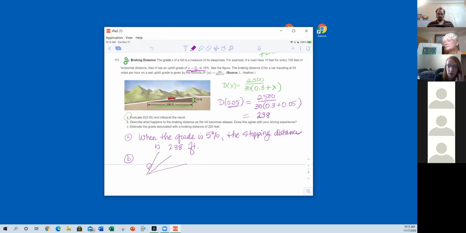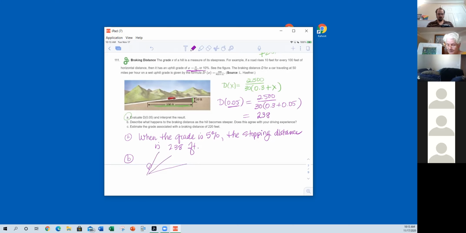It'll get shorter. Right. If you're driving on a very steep hill, when you brake, it's going to take less feet to stop than if you're going on a flat surface or going down.